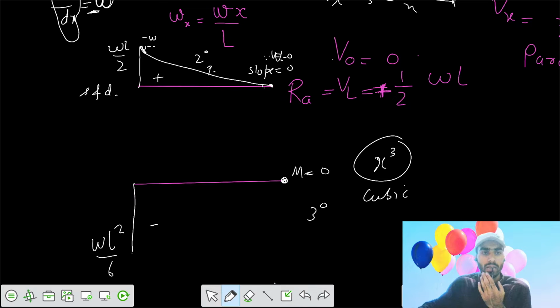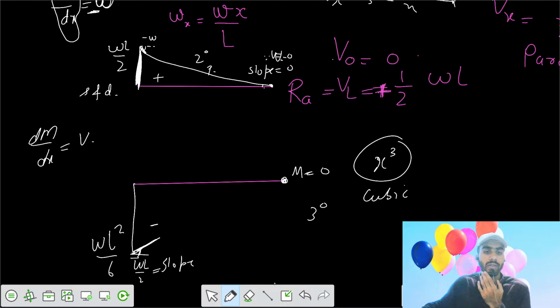Since dM by dx equals shear force, the slope here should equal the shear force at this section. The shear force at this section is positive WL by 2, so the slope, tan theta, is positive, and the curve is acting upwards.